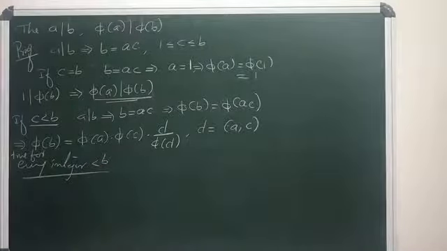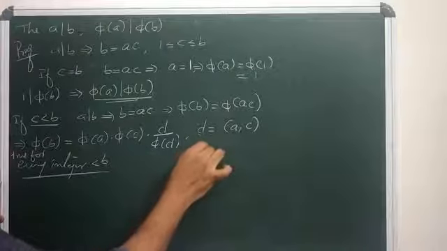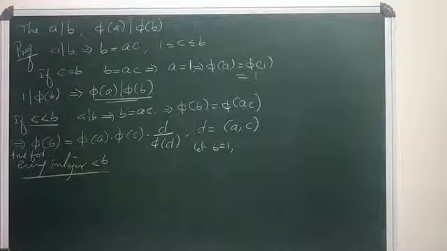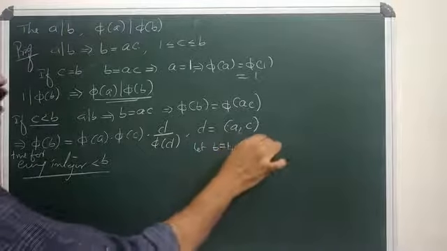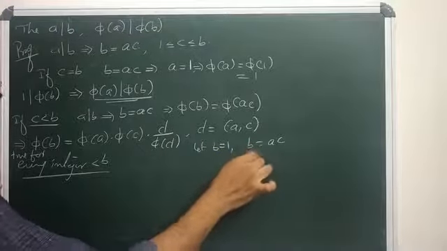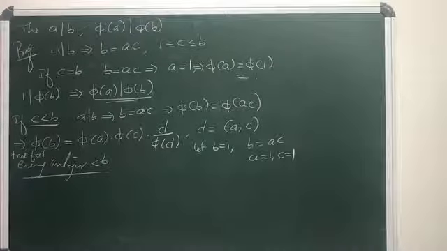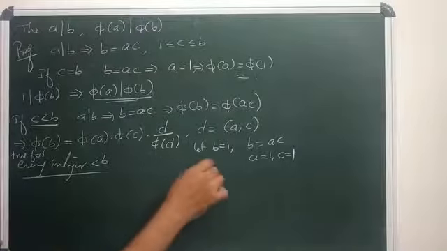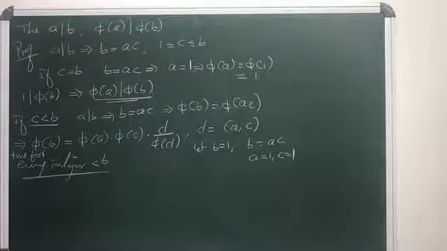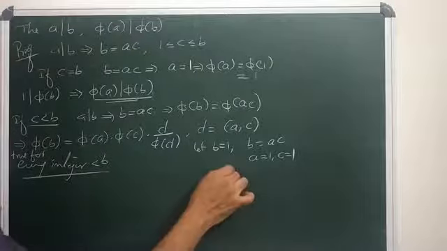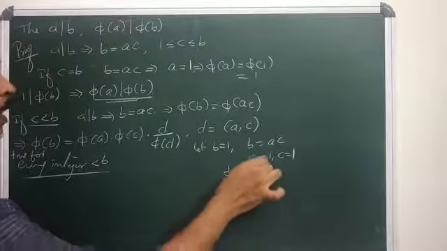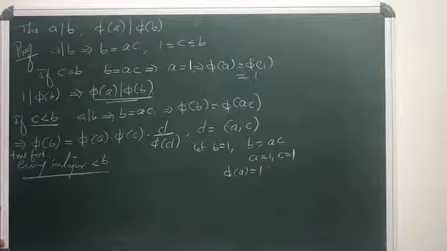Before going to that one, first we prove what happens when B equals 1. Let B equals 1. B equals AC. When B equals 1, since A and C are positive integers, they have only one possibility: A equals 1 and C equals 1. So phi of A is phi of 1, that is 1.